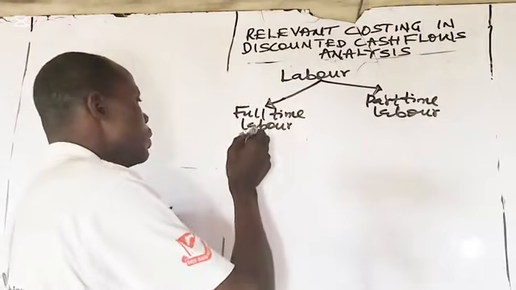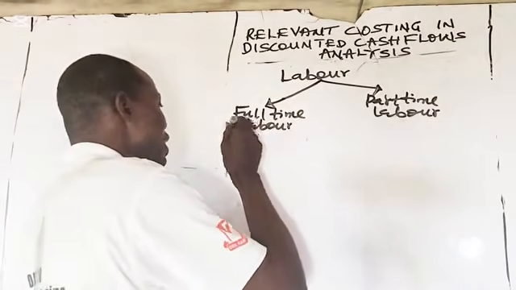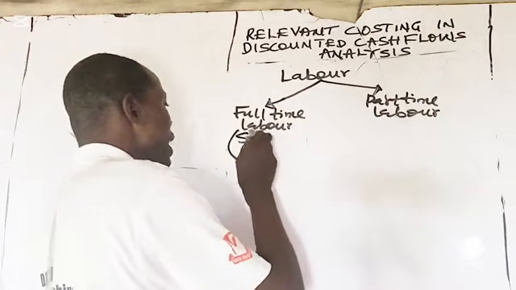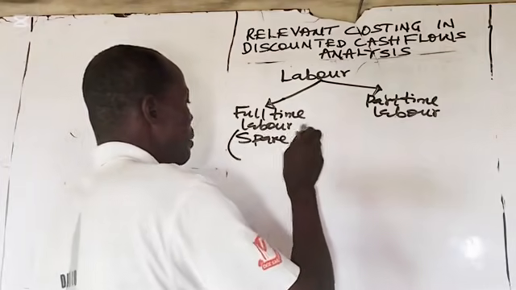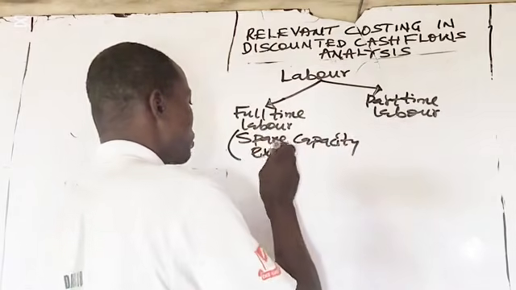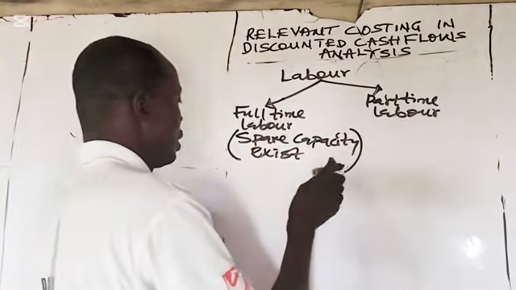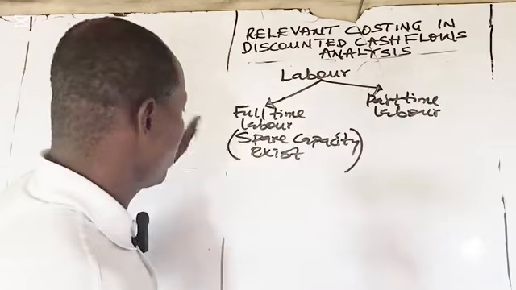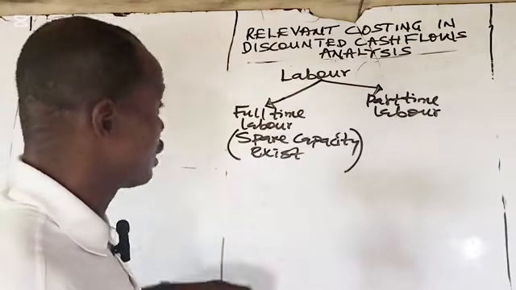How do you know when the labor is full-time? Where spare capacity exists, you know that the labor are full-time. So the relevant cost of this category of labor is 0. That means it is not relevant.